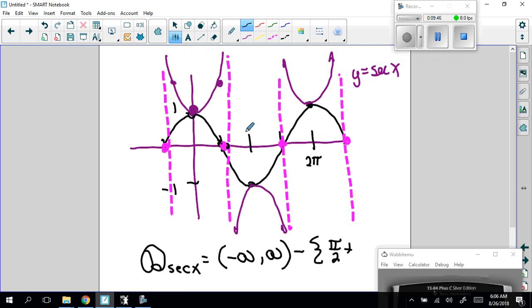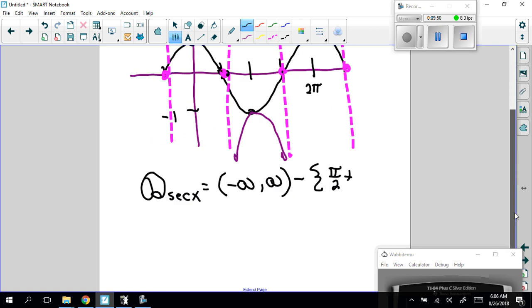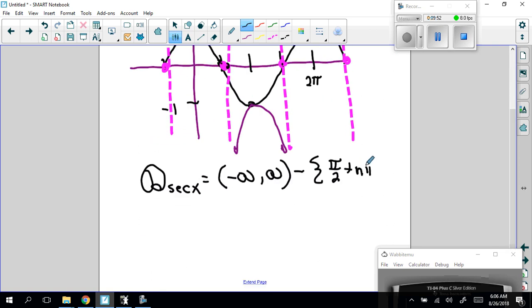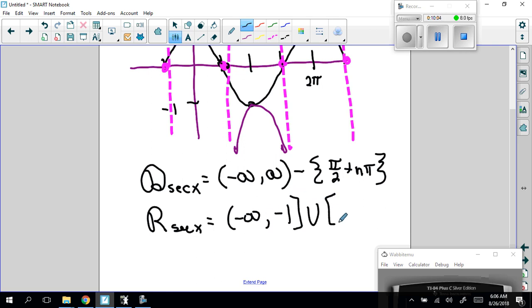Well, the zeros of cosine actually repeat every pi, so the asymptotes repeat every n pi. The range of secant is minus infinity to -1 inclusive, union 1 to infinity. I think I got them all now.